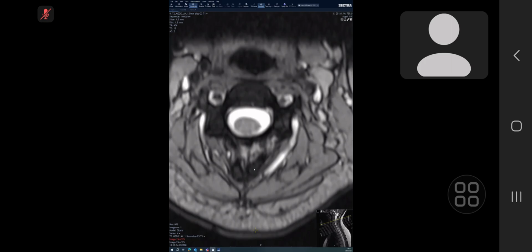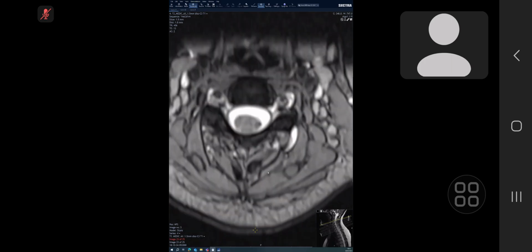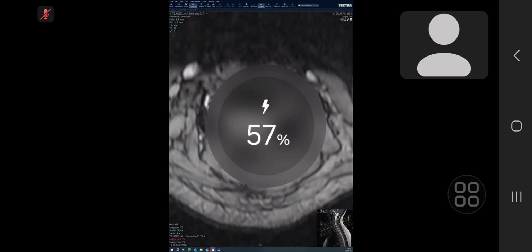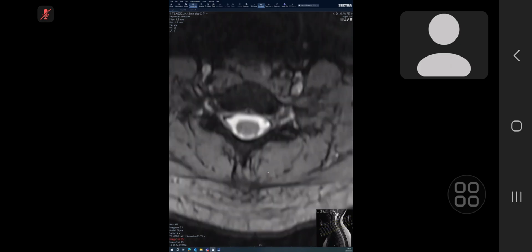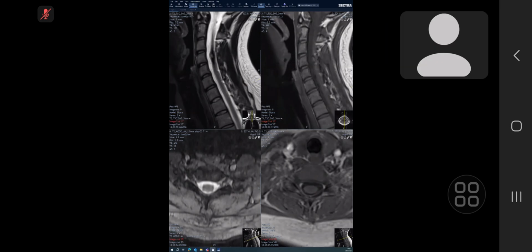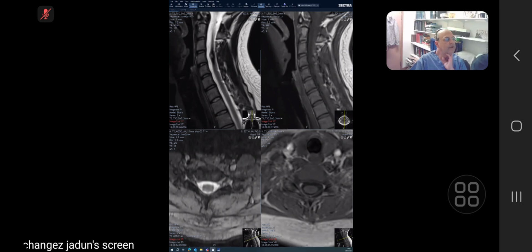I would like to see the contrast images. Contrast images were not considered necessary here. But why do you want to give contrast?